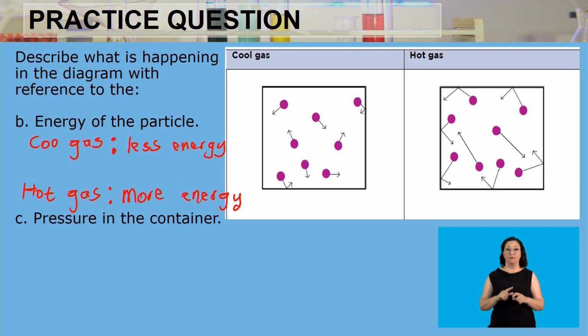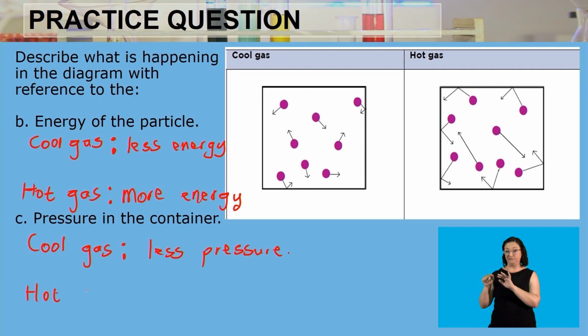Now, pressure in the container, as we have said, this is cool gas here. Cool gas. There's going to be less pressure. And then hot gas, there's going to be more pressure.